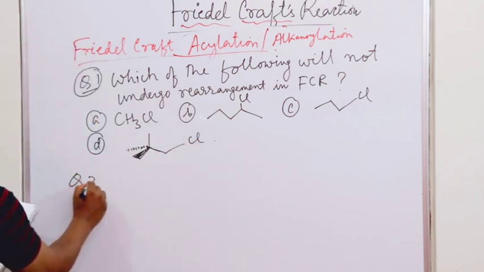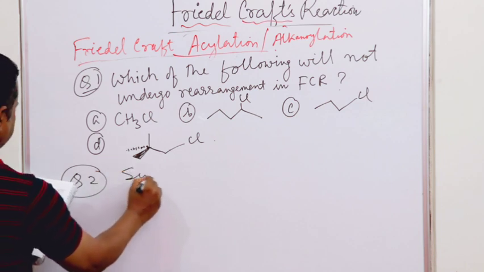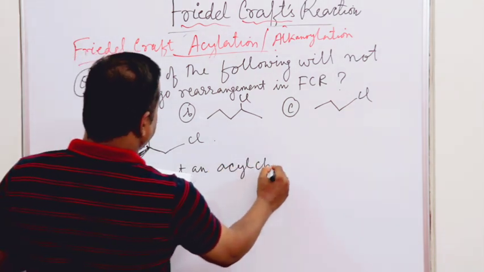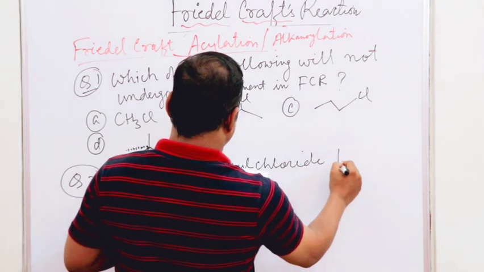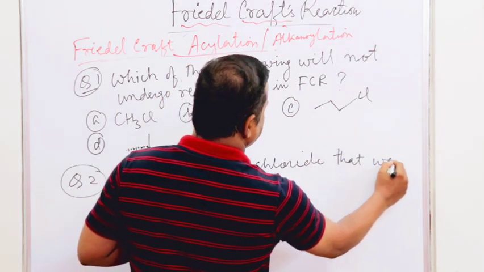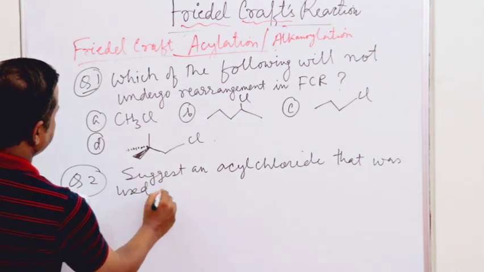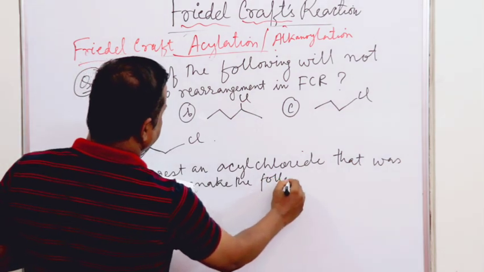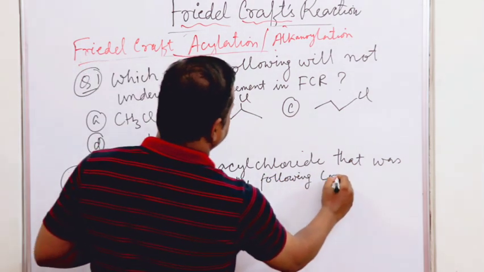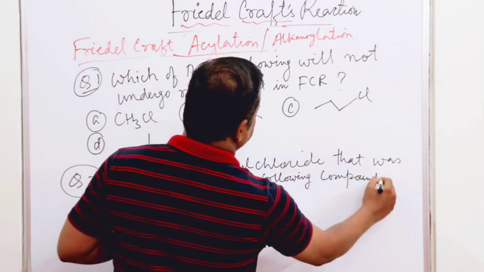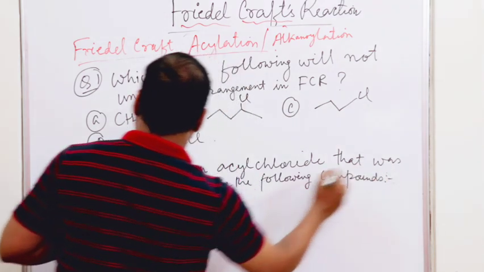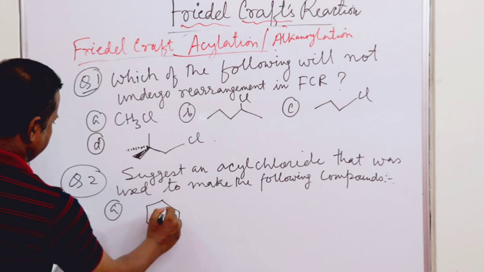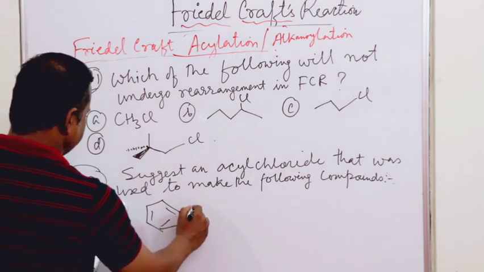And the second question is question number 2: suggest an acyl chloride that was used to make the following compounds. I'm writing A. This is the Friedel-Crafts reaction product.